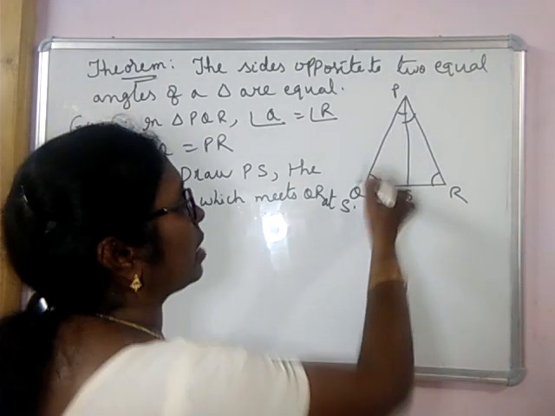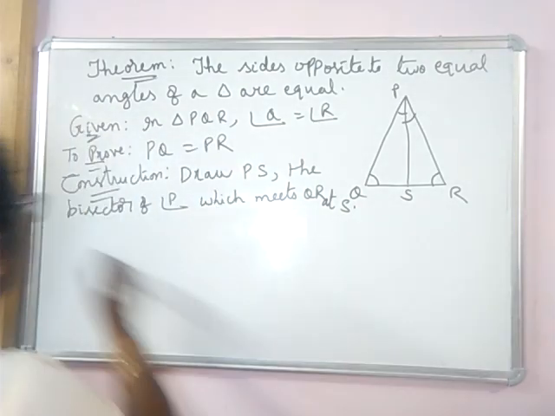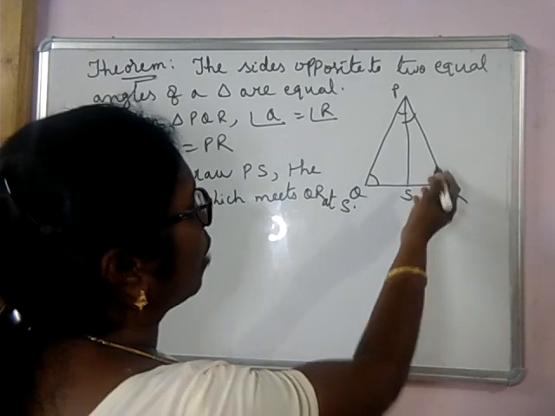Then, by CPCTC, we will be able to show that PQ is equal to PR. Here let us see in what way we are able to prove.